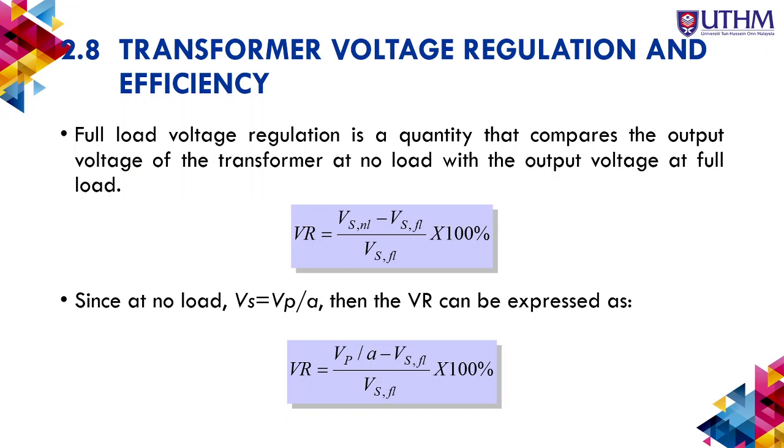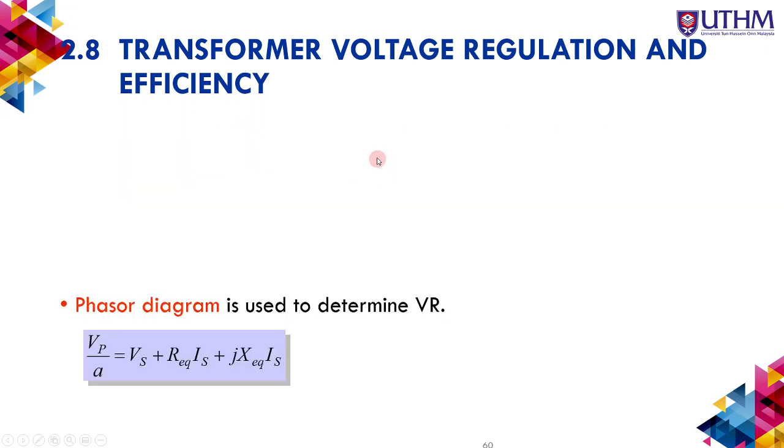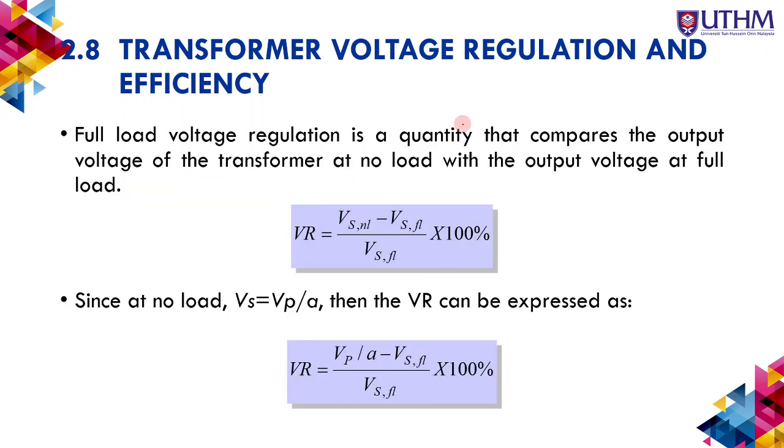Full load voltage regulation is a quantity that compares the output voltage of the transformer at no load, which means an open circuit, with the output at full load.